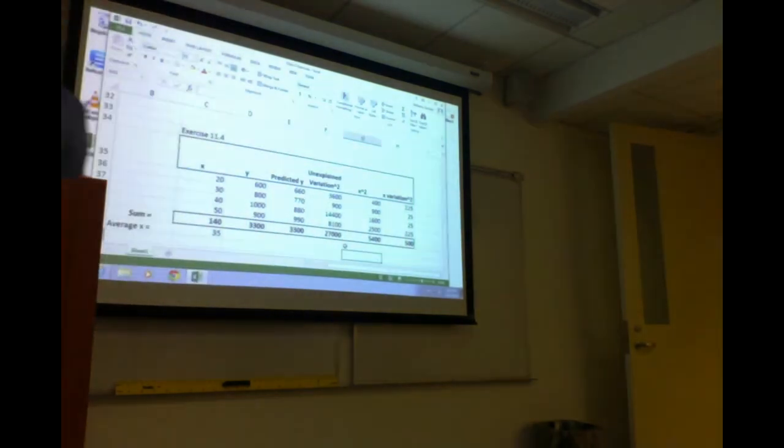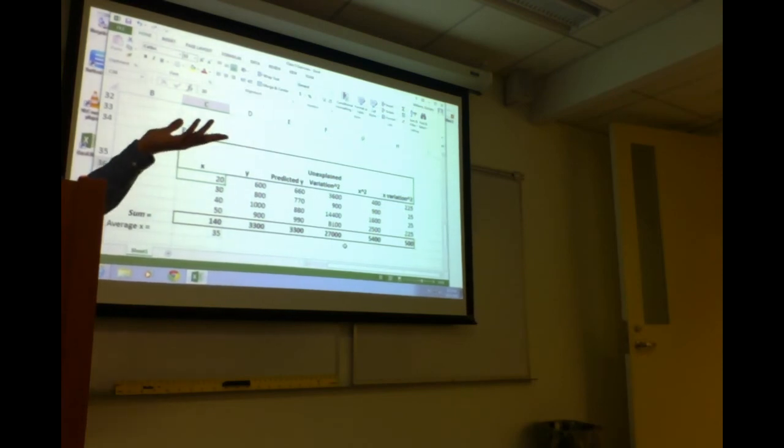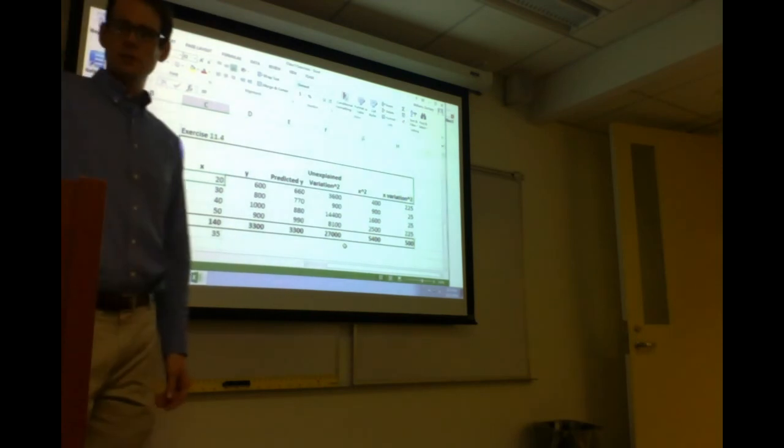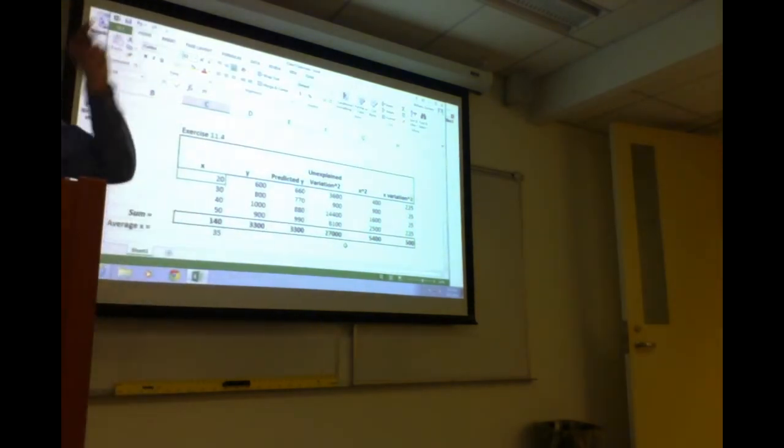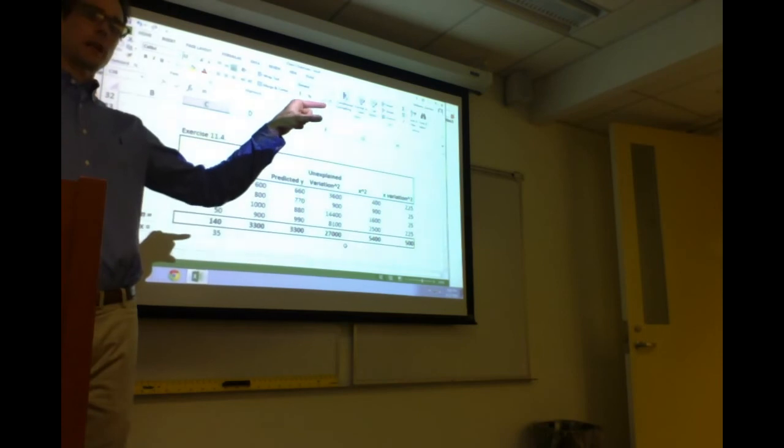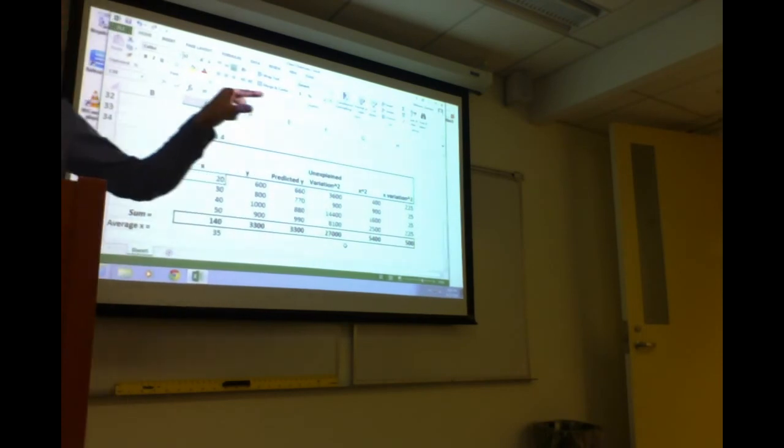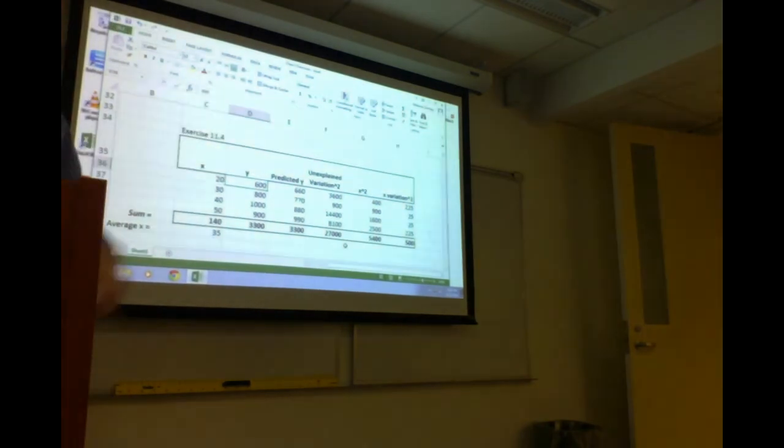Exercise 11.4. Okay, so these x variables were websites that mobile app designers were linking their apps to. And this y variable, the dependent variable, is the number of times their app was downloaded. Developer 1 linked her mobile app to 20 different websites, and she had 600 downloads.